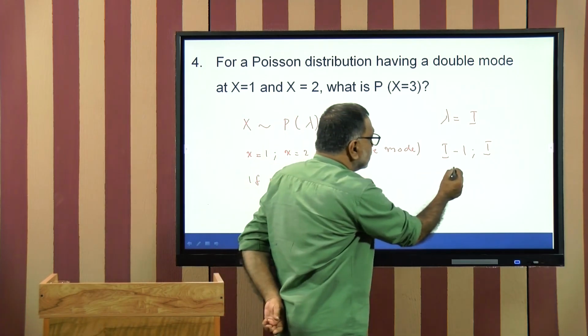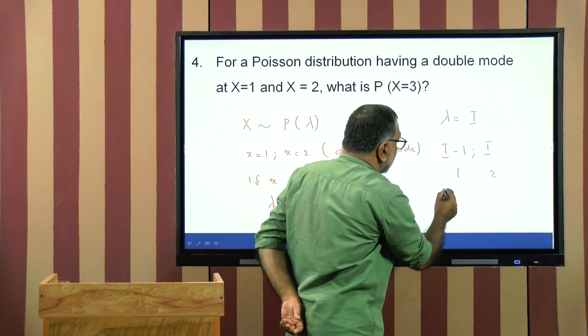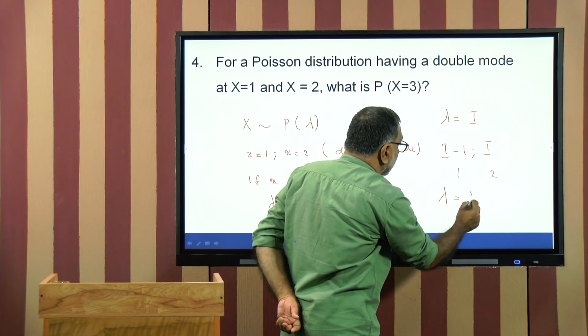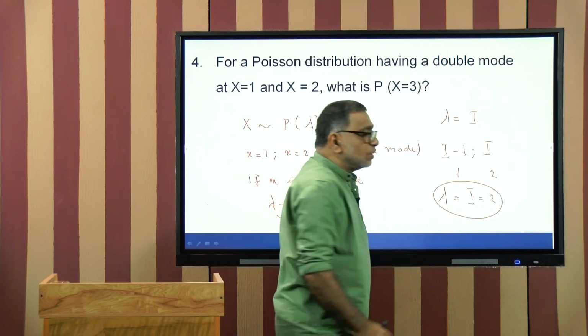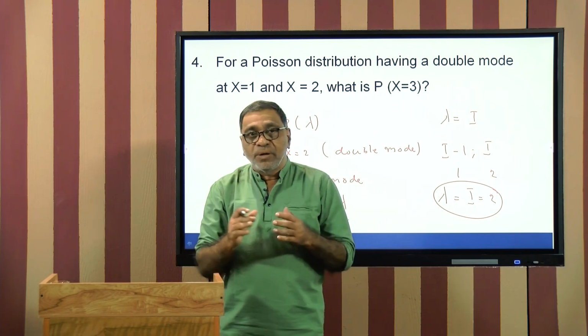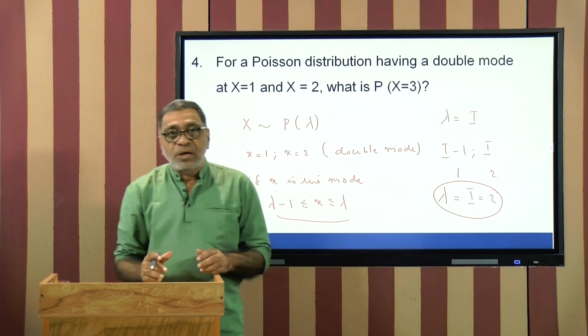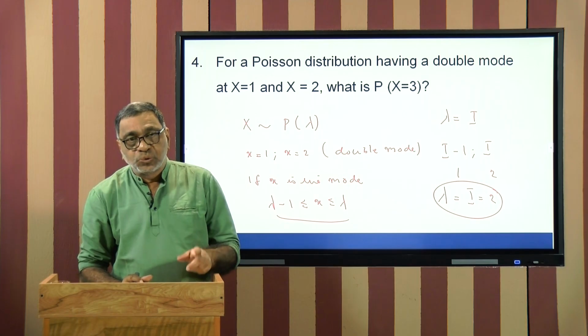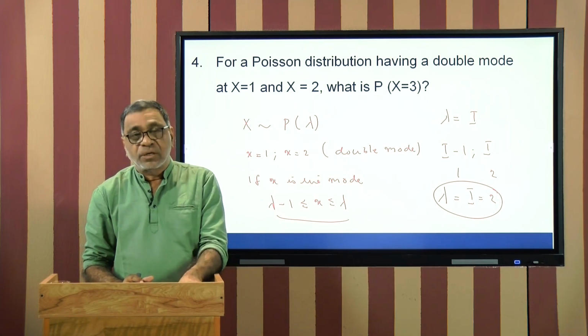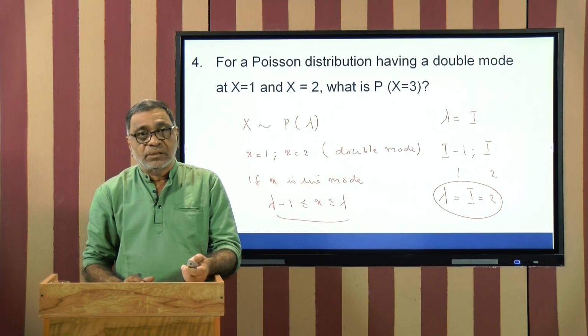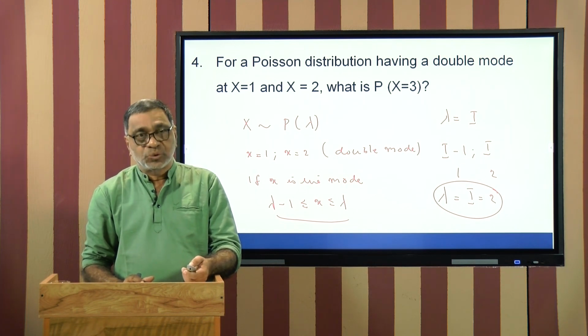So, this is 1 and this is 2, and the lambda value is equal to i, which is 2. Actually, you are given that by the double mode at x equal to 1 and x equal to 2, we get the value of lambda as 2.